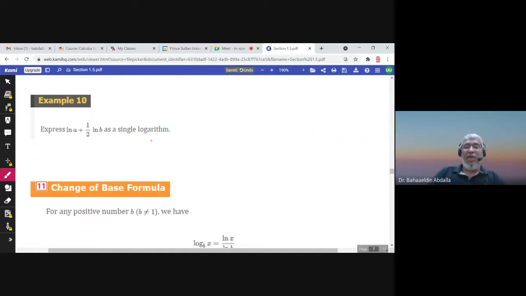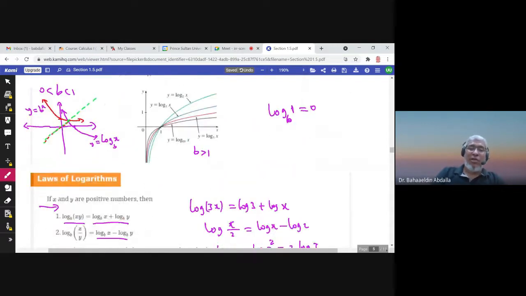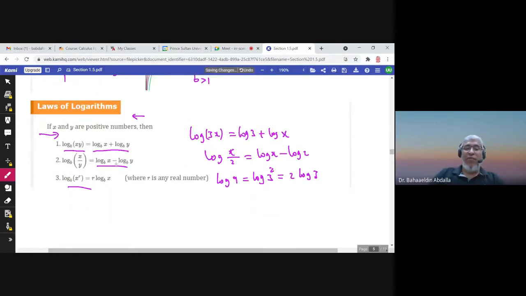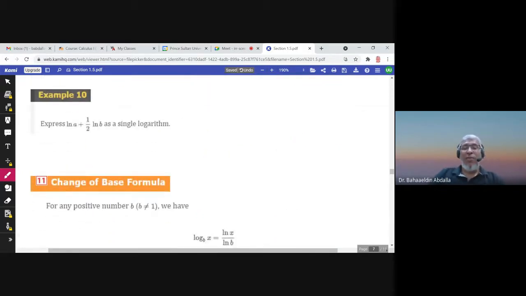Express as a single logarithm, or condense. So I have 2 logs here and I need a single logarithm. So I go in the other direction. Here expanding, this direction will be condensing. If you have 2 logs, write it as a single logarithm. So what do we have here? We have ln a plus.